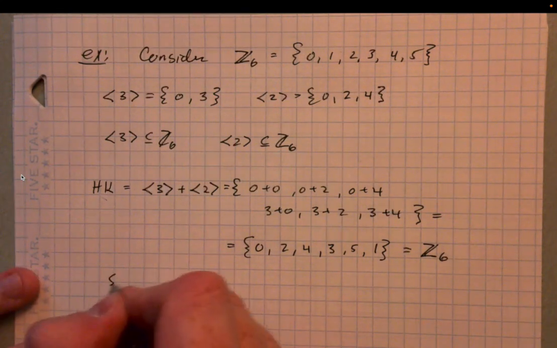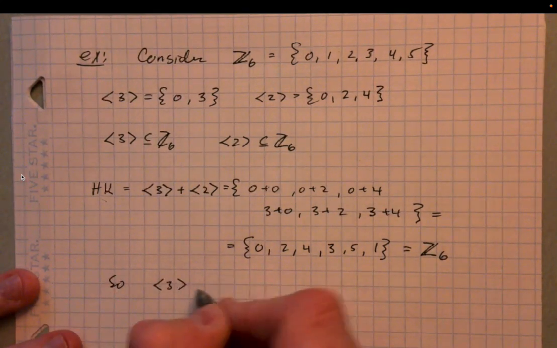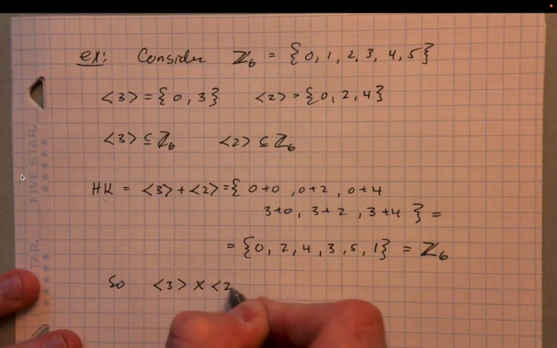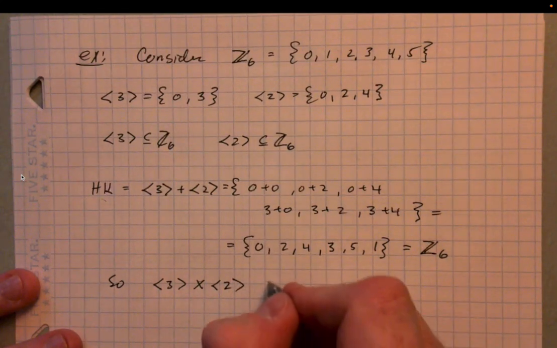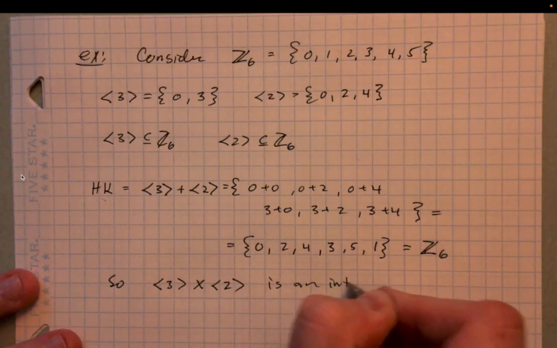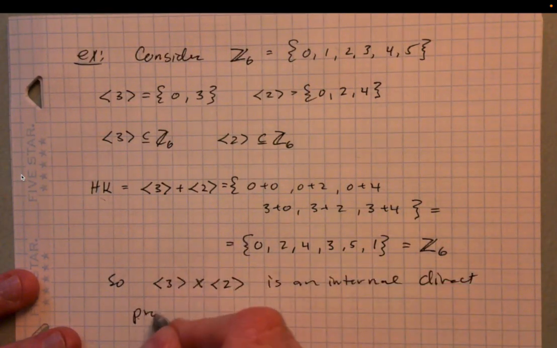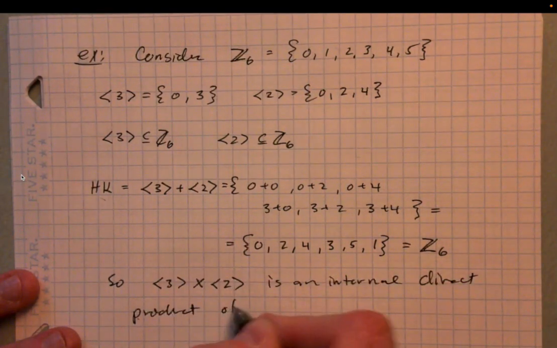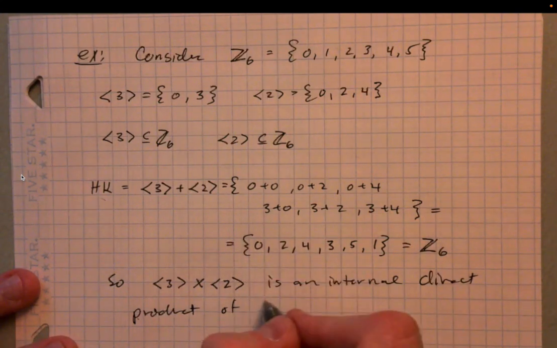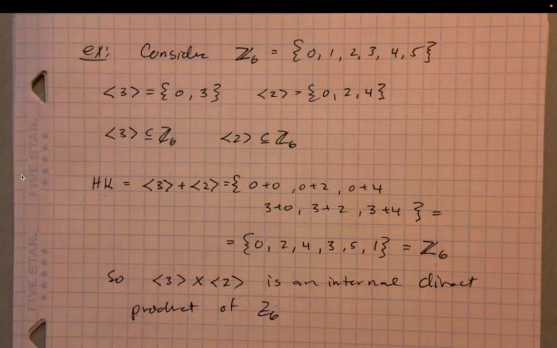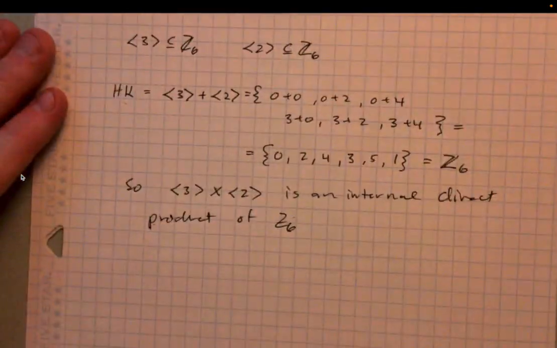Right? So you can write it like this. 3 crossed with 2 is an internal direct product of Z6. Right, and you could think of it as an external direct product by just changing your notation slightly.